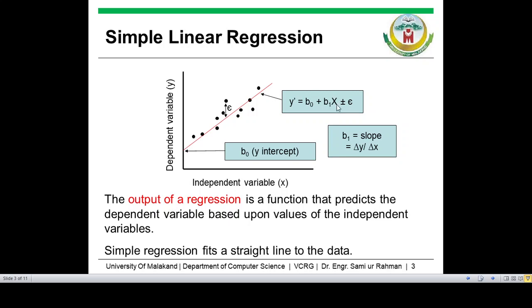When we put some value in this input x, using this equation we get the value of y, and this is actually the error, because now this model says that the observation is here, although the observation is at this position. Similarly, for this observation, the model says that the observation is here, but the actual observation is at this position. So it means that this is the error of the model.